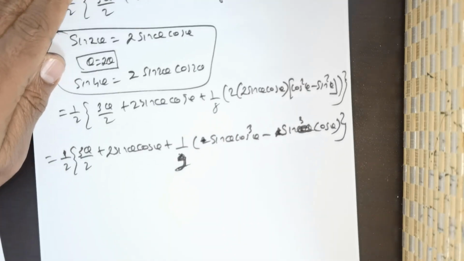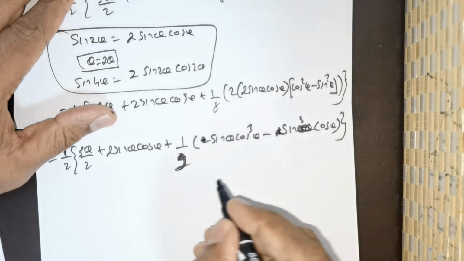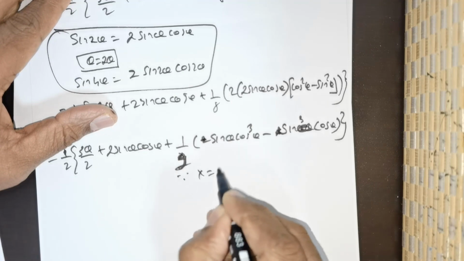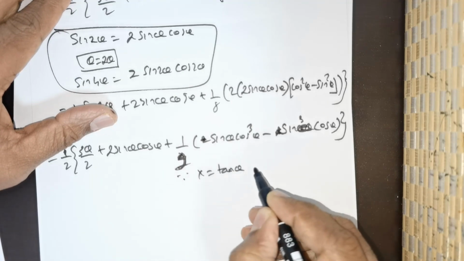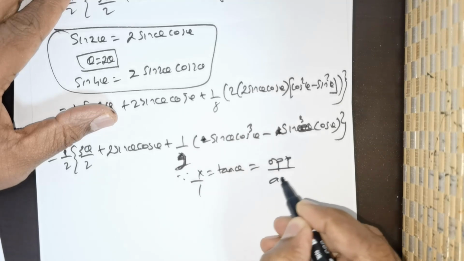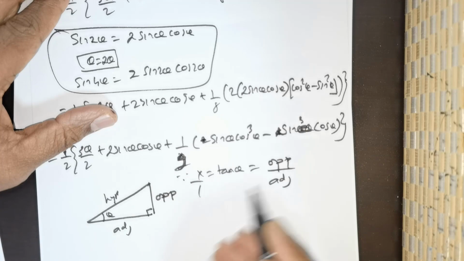So now we need to actually write these quantities in the original variable, which is x. Now we know that x is equal to tan theta, right? So tan theta is opposite side divided by adjacent. So you take the triangle, this is theta, this is opposite side, adjacent side, hypotenuse.